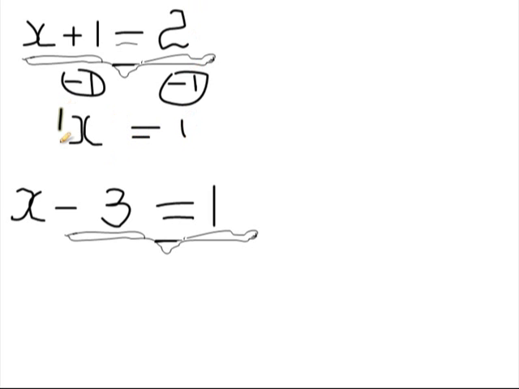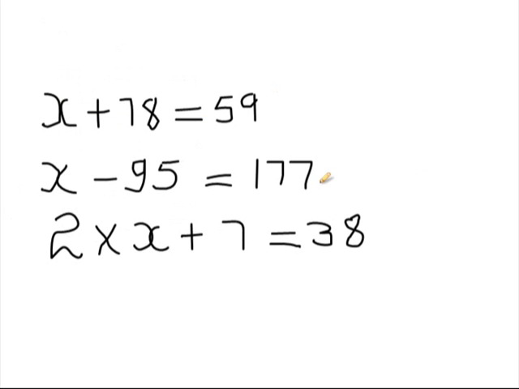So that's the method. You can guess it, but you should follow the method, so that it will help you when you have bigger numbers like this one. When you get this one, you will know you need to cancel this value. So I'm going to put minus 78 here and minus 78 here also.